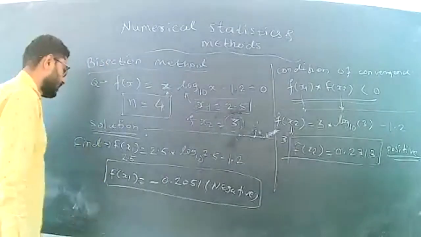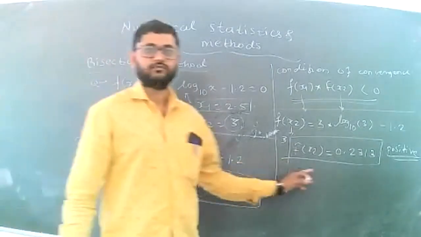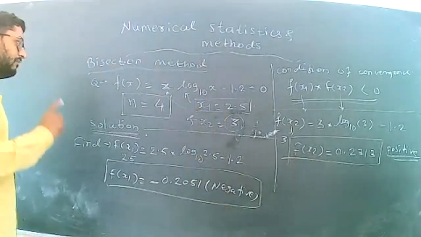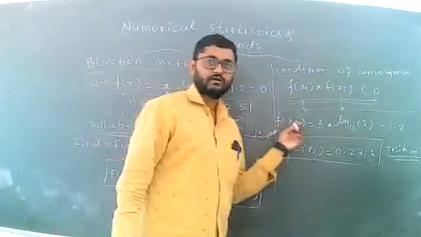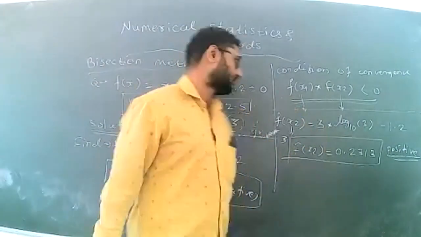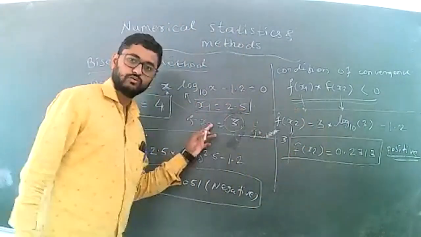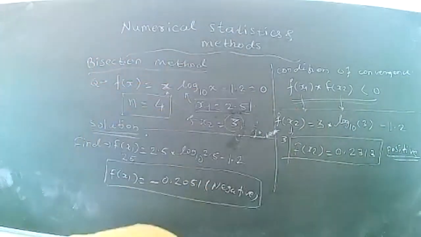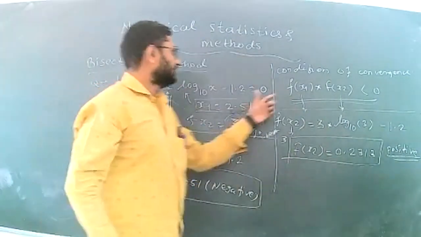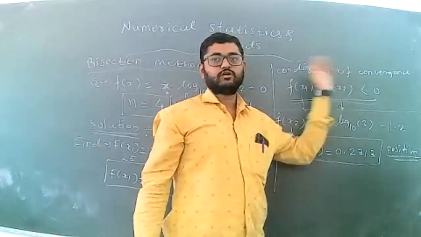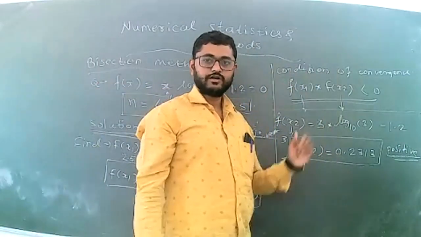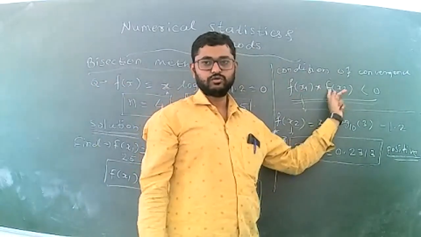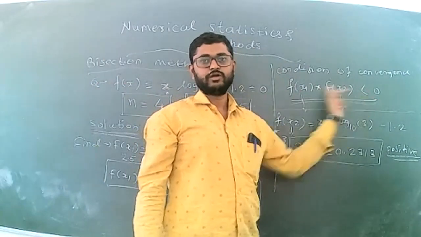Here we have calculated f of x1 and f of x2. So students, what is the next step? We have to check whether our assumed initial guesses x1 and x2 are correct or not by using the condition of convergence: f of x1 into f of x2 less than 0.